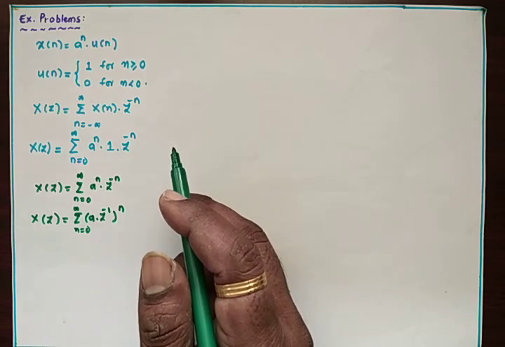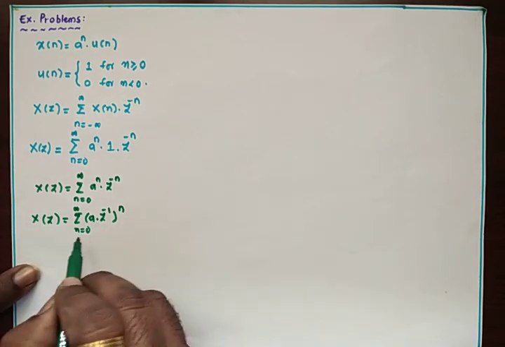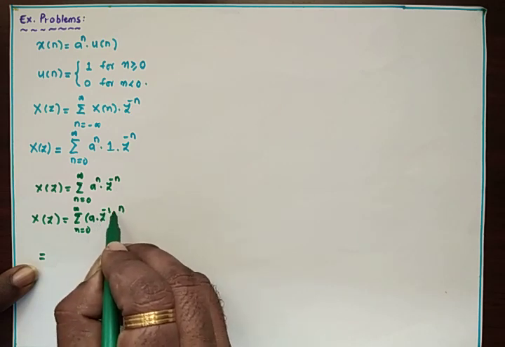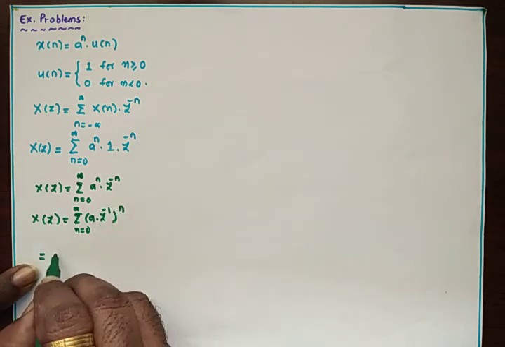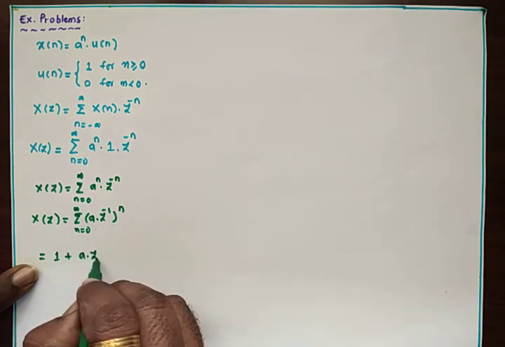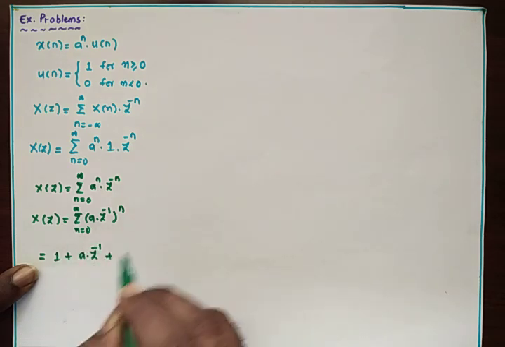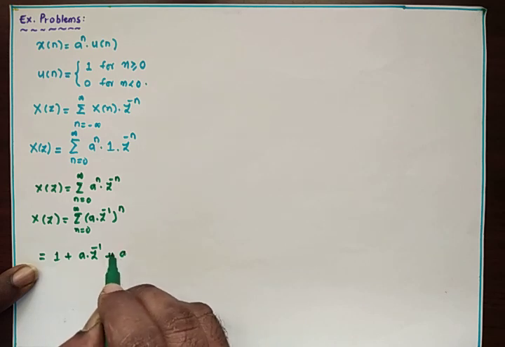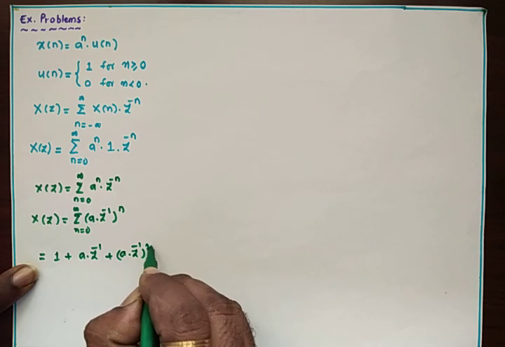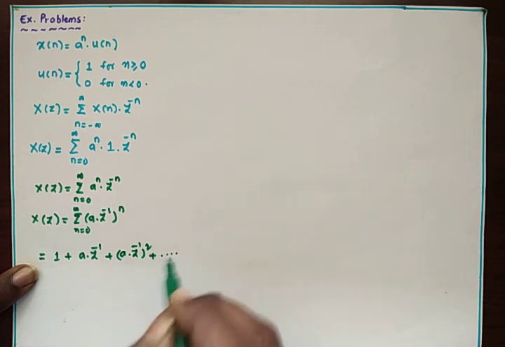That is 1 plus, first substitute n equals 0. That means a into z to the power of minus 1, to the power 0. Anything to the power 0 will be 1, plus substitute 1, that is a into z to the power of minus 1, plus a into z to the power of minus 1 whole square, and so on.